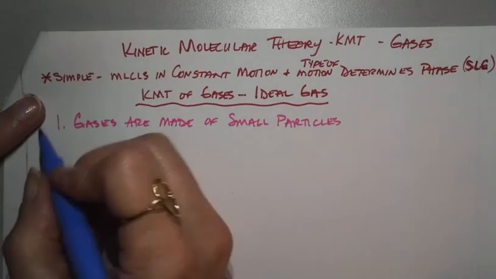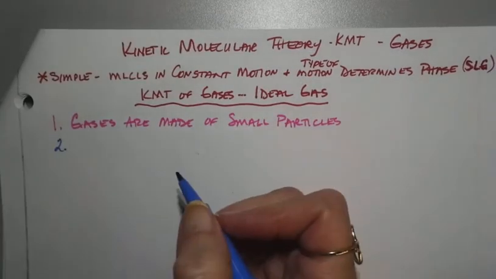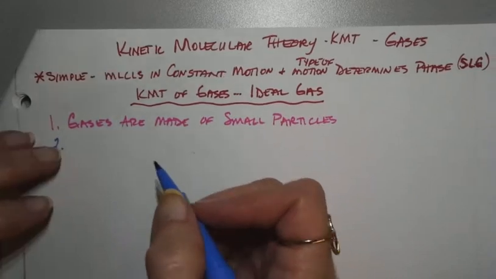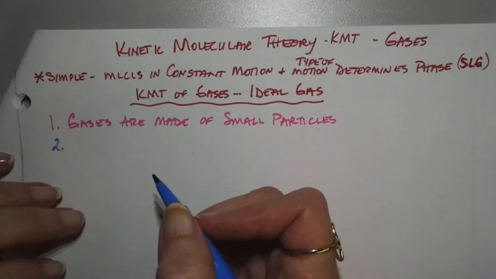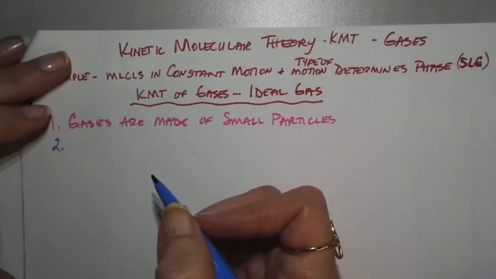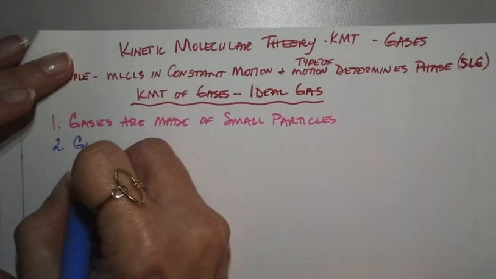Two, gas particles are so tiny in comparison to the distances between them that we can consider the volume of a gas particle to be negligible. Let me say that again. Gas particles are so tiny compared to the spaces between them.